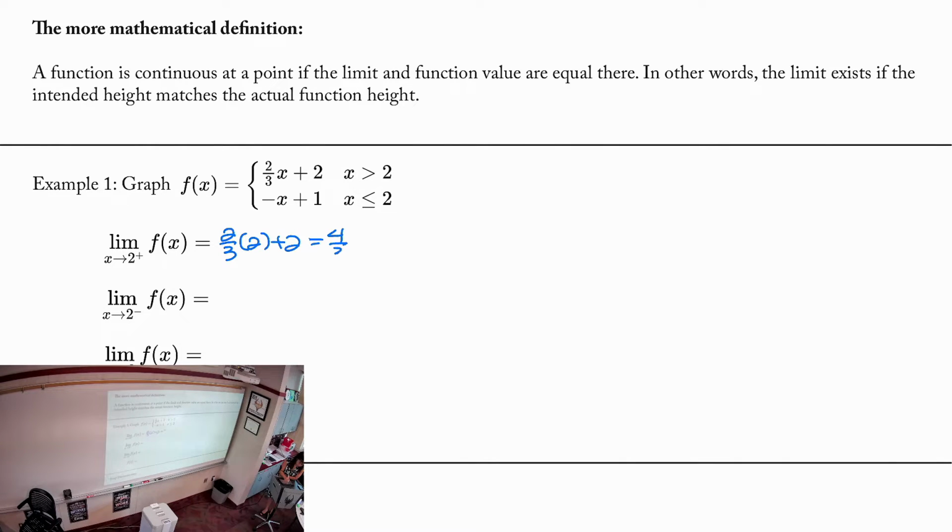So you get 4/3 plus 2, which is 4/3 plus 6/3, so you get 10/3. Then you plug in 2 from the left side, and you get -2 plus 1, which is equal to -1. These two are not equal, so the function is not continuous.